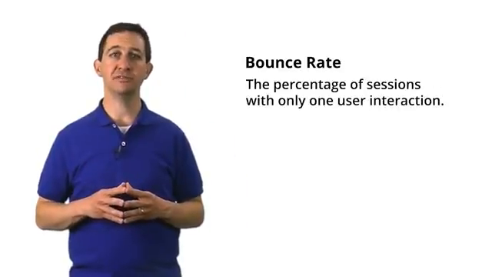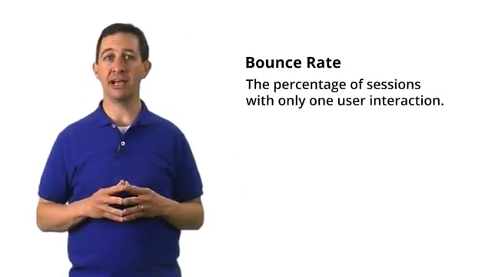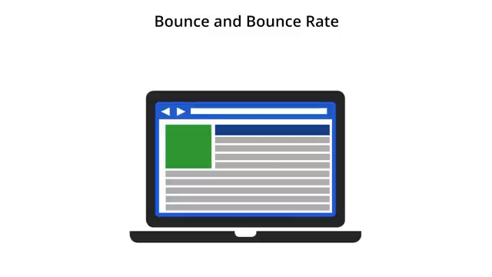Finally, one key metric that is important to understand is bounce rate. Bounce rate is the percentage of sessions with only one user interaction. Traditionally, in web analytics, bounces are counted for users who land on a page of your site and leave immediately. It does not matter how much time they spend on the page.